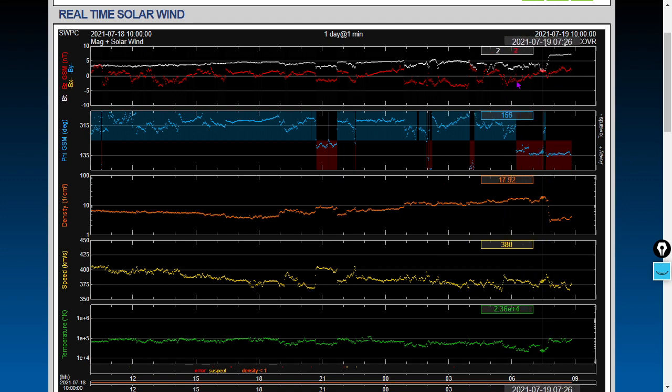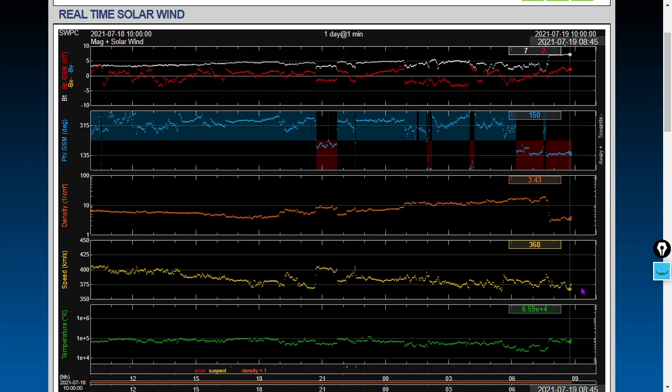BZ moved into north territory, and the BT went up as well. So some strong North Pole magnetism there. Phi angle also shifted. That is essentially the spin moment of the incoming solar plasma. Current conditions are about 3.5 protons per cubic centimeter for the solar wind density, solar wind speed 368 kilometers per second.